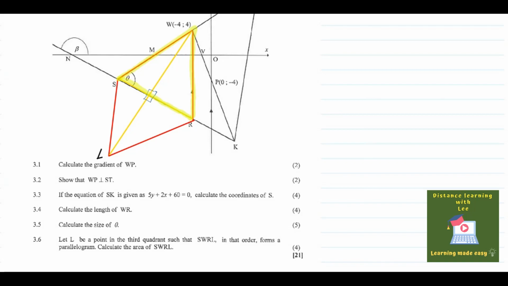The formula for the area of a triangle is given by half base multiplied by perpendicular height. So at this point, we just need to determine which one is going to be our base and which one is going to be our perpendicular height.